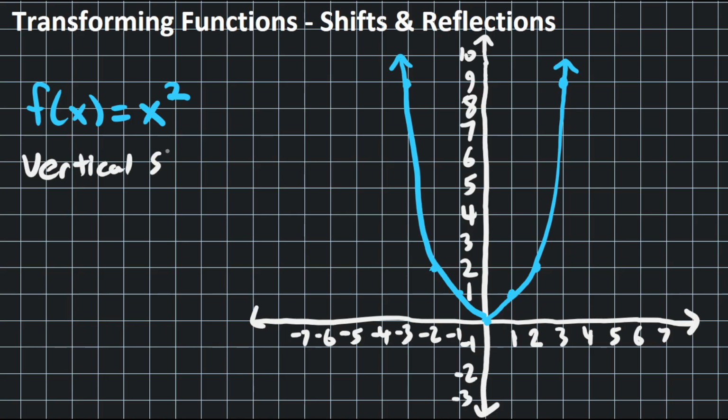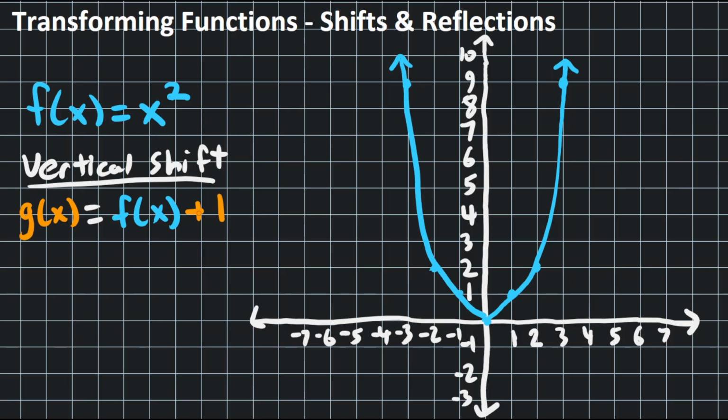So a vertical shift, let's define a new function, g of x, which is going to be the transformed function of f of x. So it's going to equal f of x, and we are going to add 1 to it.